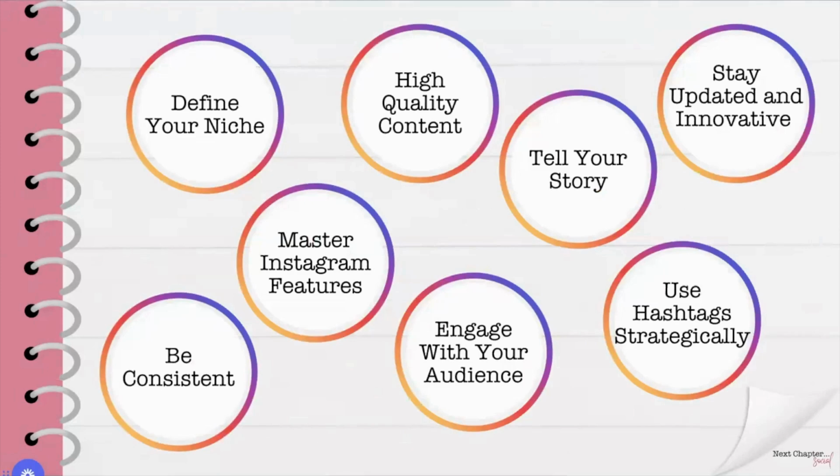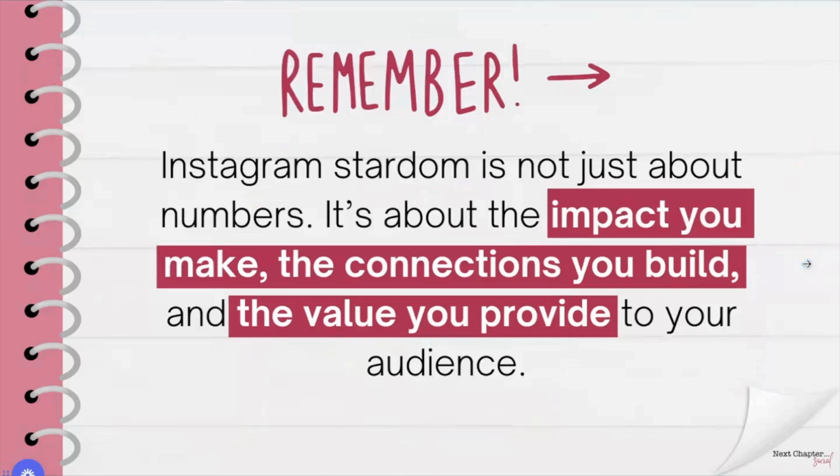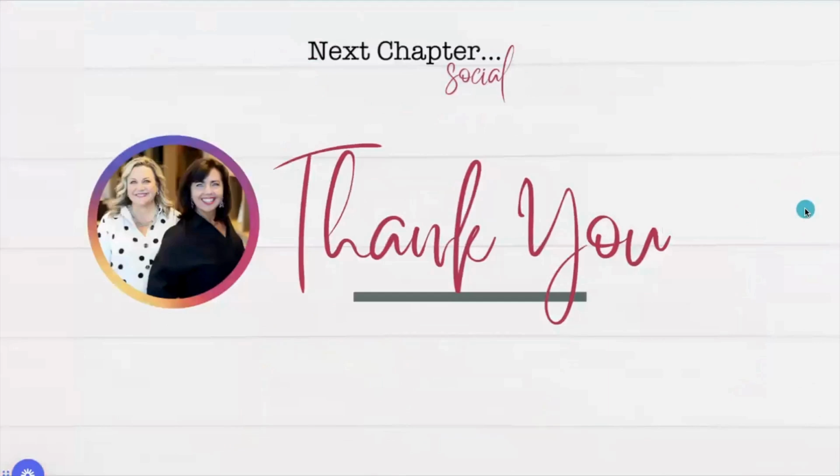You're going to post high quality content, tell your story using your filters and your edits. Stay updated and innovative. Master these Instagram features, engage with your audience, use hashtags, and be consistent. Remember, Instagram stardom is not just about numbers. It's about the impact you make, the connections you build, and the value you provide to your audience.